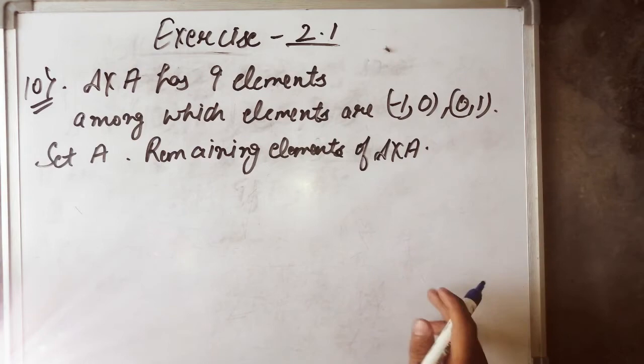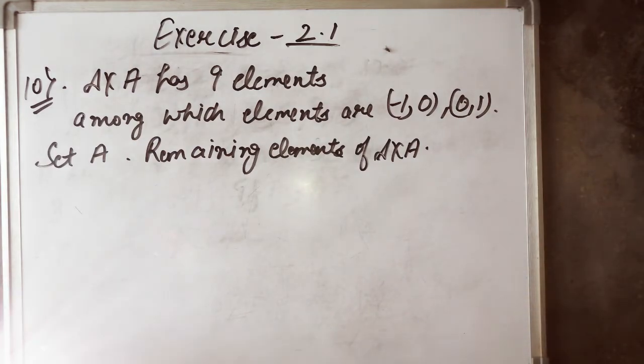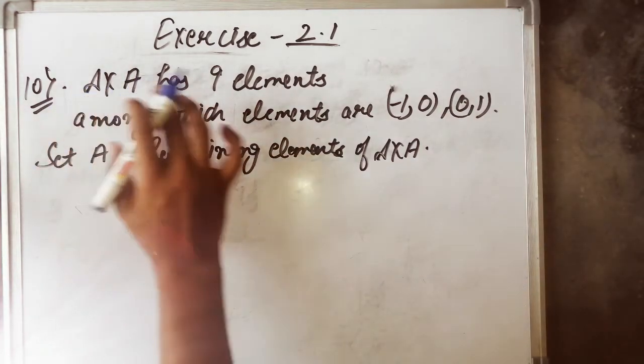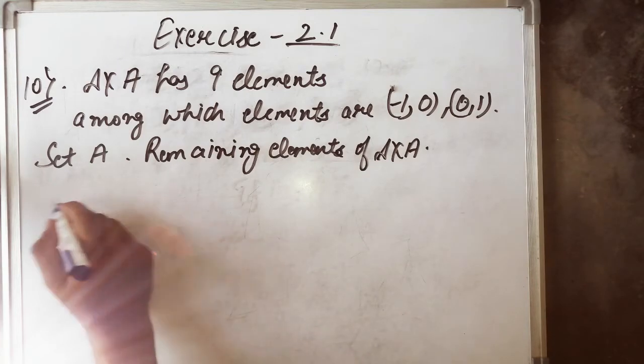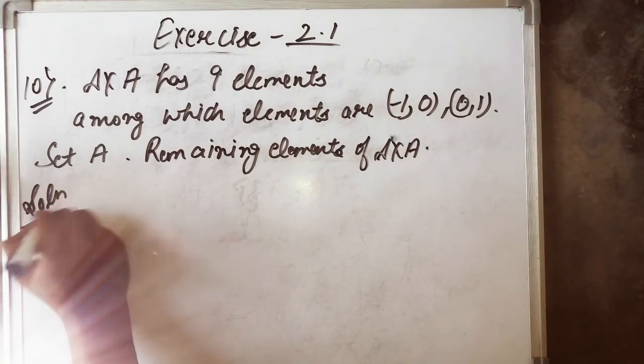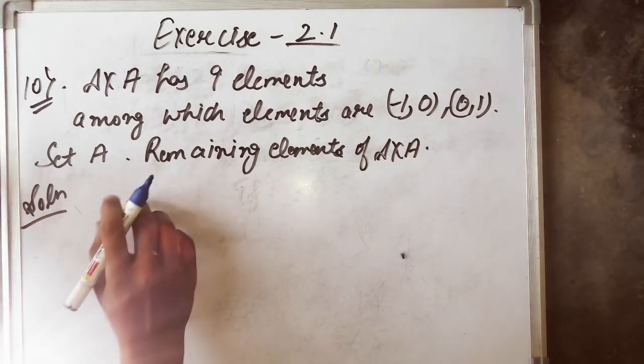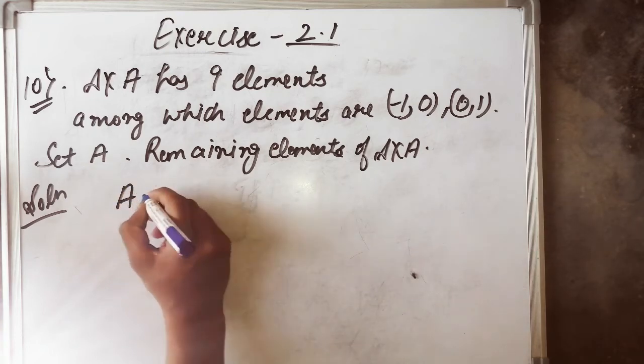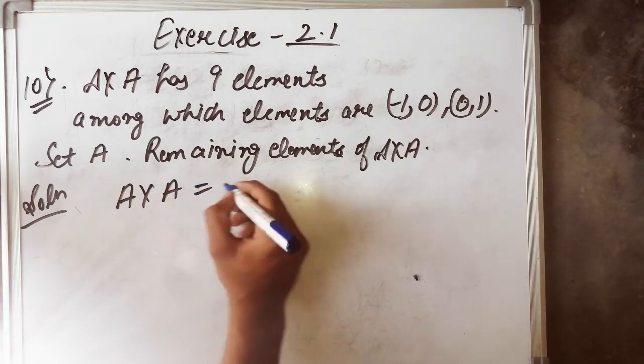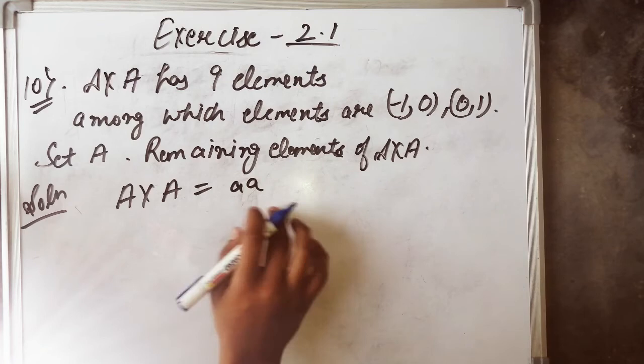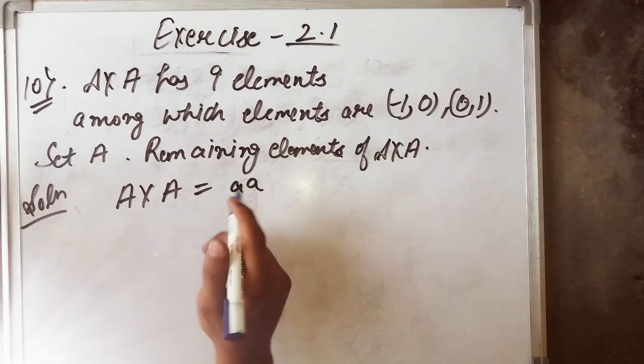Okay, we are given that A cross A has 9 elements and we are familiar with that. Let me write a solution here. We are familiar that the number of elements present in A cross A is n(A) times n(A).